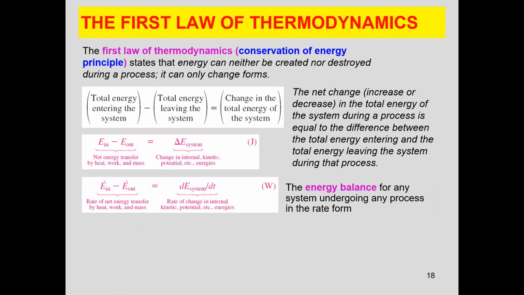So the net change, increase or decrease, in the total energy of a system during a process is equal to the difference between the total energy entering and the total energy leaving the system during the process. That's basically the energy balance for any system undergoing any process in rate form.